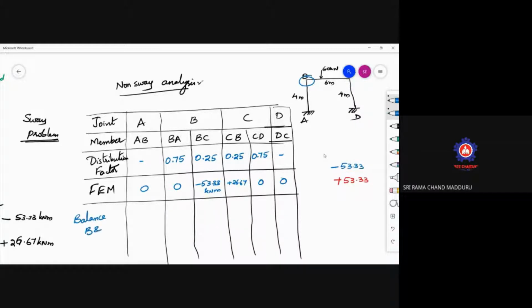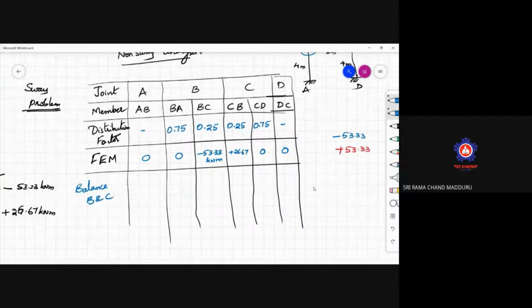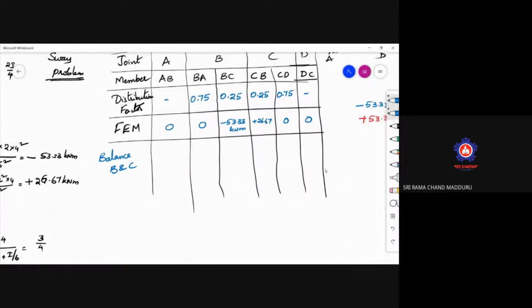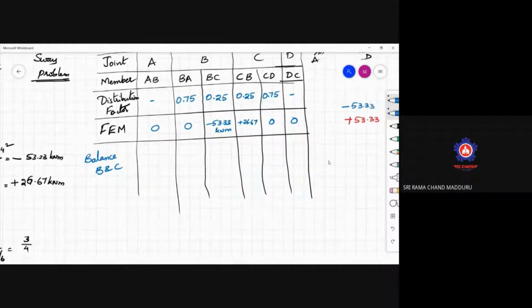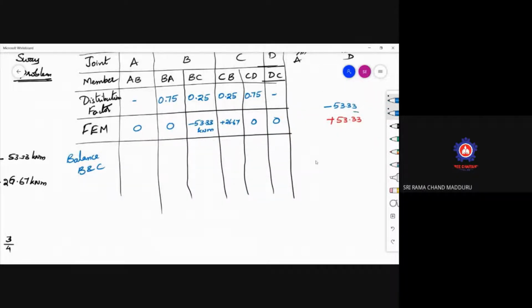If you add both, the value is minus 53.33, and you need to consider the opposite sign, which is plus 53.33.